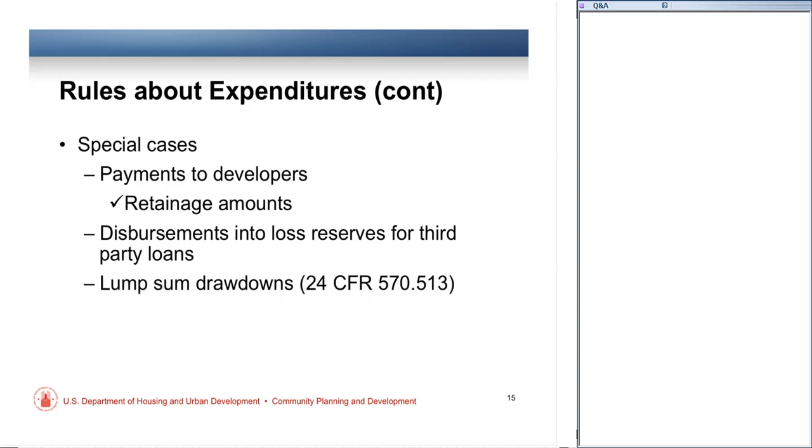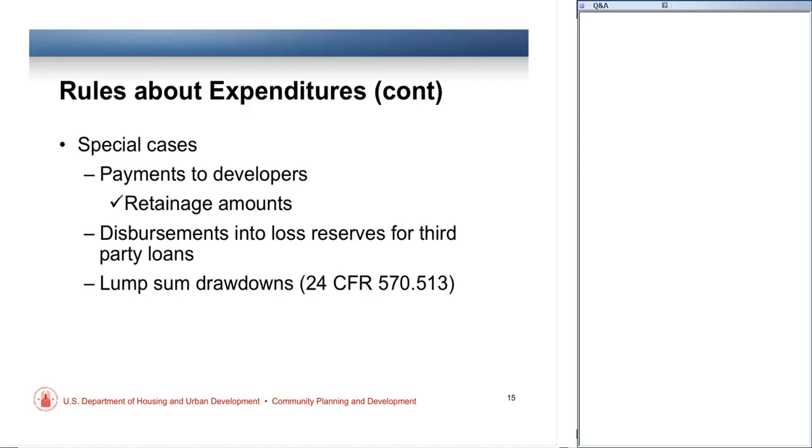Talk a minute about disbursements into loss reserves. That's been a feature of the NSP program since day one. There are situations where a grantee or subrecipient might enter into an agreement with a third party, usually a bank or some other lender, that will amount to a guarantee of a portion of the loan made by the third party to a program beneficiary.